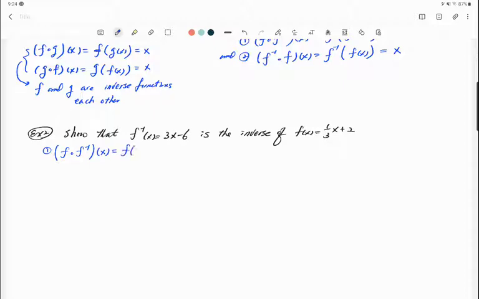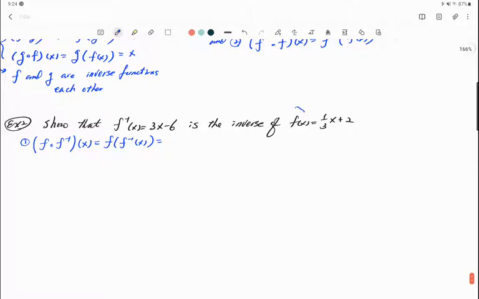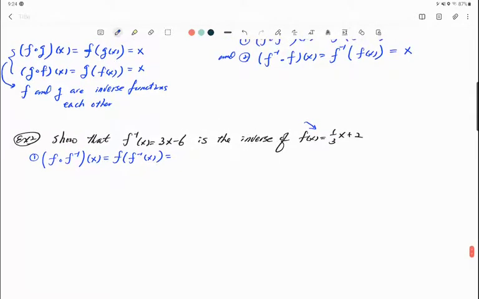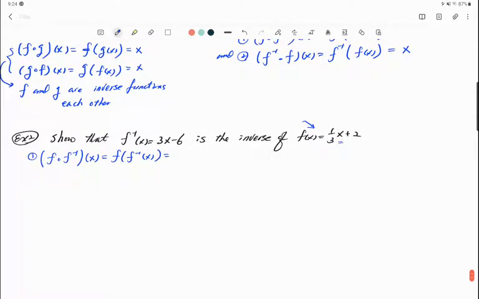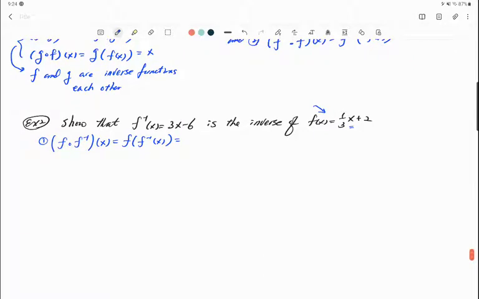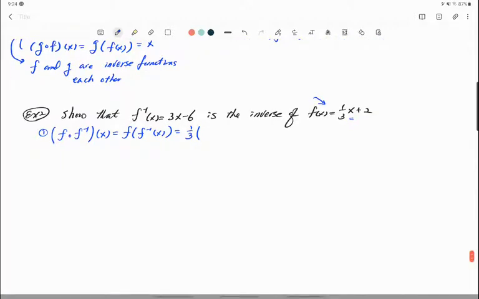So this is f of f inverse of x. So we will replace this x with the inverse: 1/3 times x, where x is the f inverse of x. So we replace this x with 3x minus 6. Can you see it?